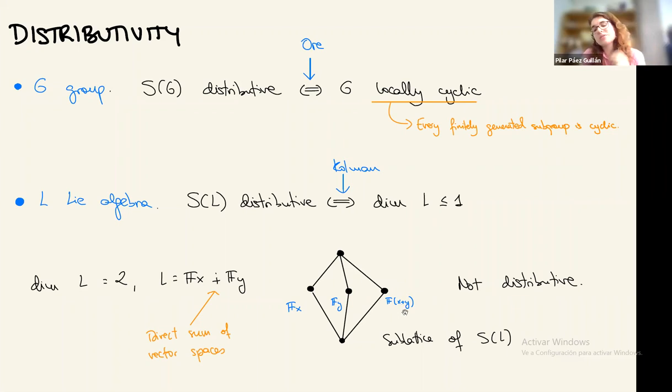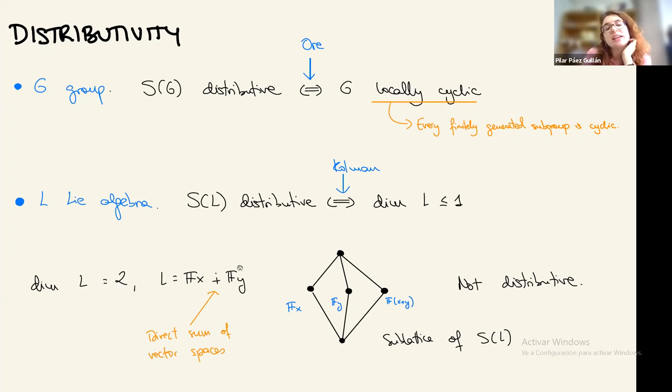Whatever the field that I'm considering, I will have the element x plus y. I have always these three one-dimensional subalgebras, and I'm going to have this diamond inside of any lattice of subalgebras. So by the theorem of Birkhoff, the lattice won't be distributive.